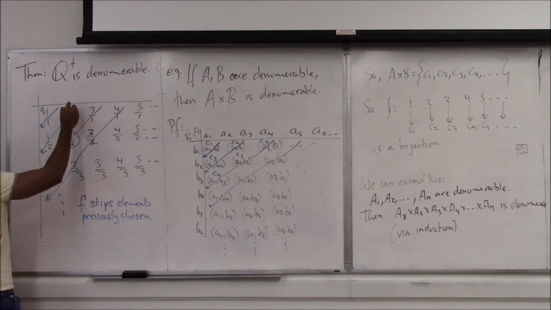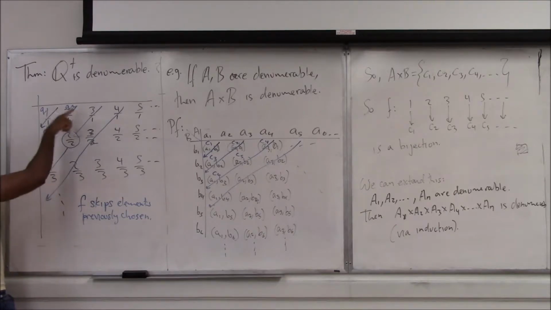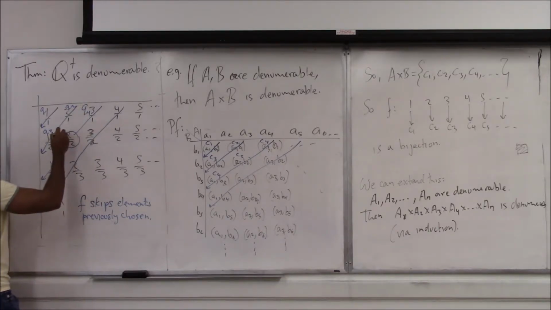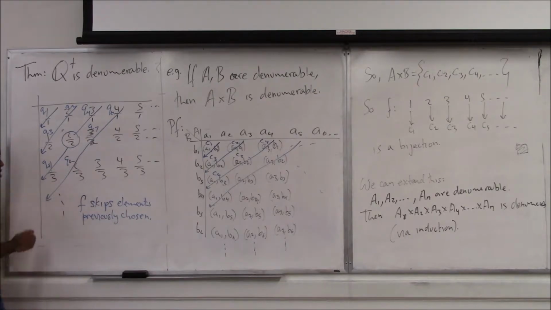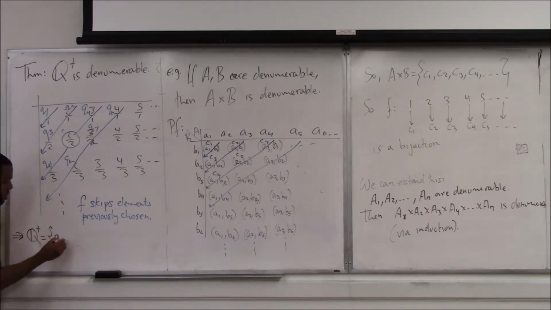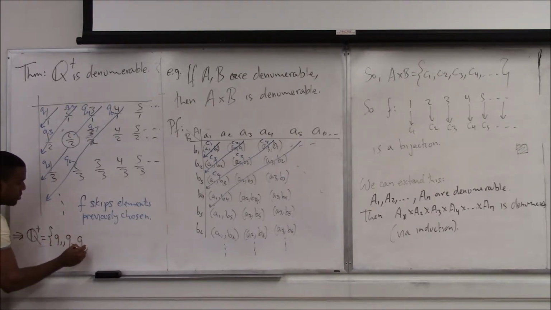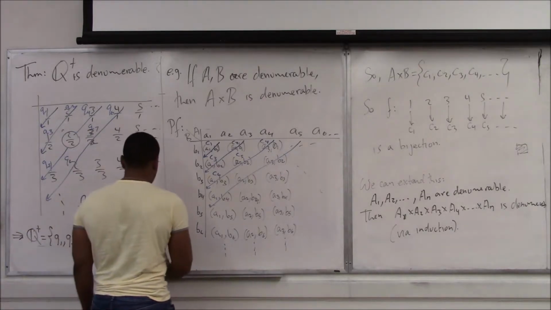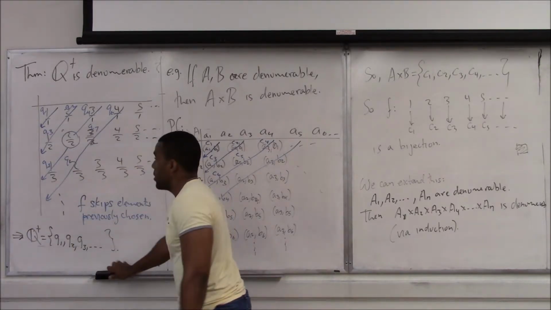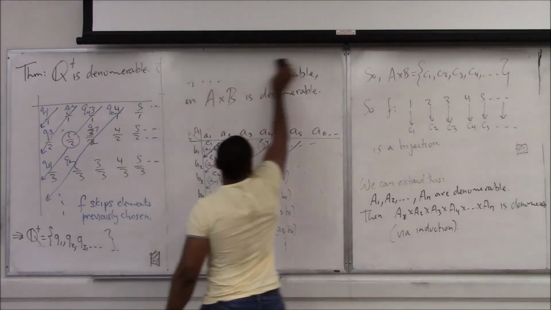Surely you'll be able to list a bunch here, Q1, Q2, Q3, Q4. Skip that one, this is your Q5, that's your Q6, your Q7, your Q8, and so on. And so we can write this Q1, Q2, Q3. So the set of all positive rationals is denumerable.